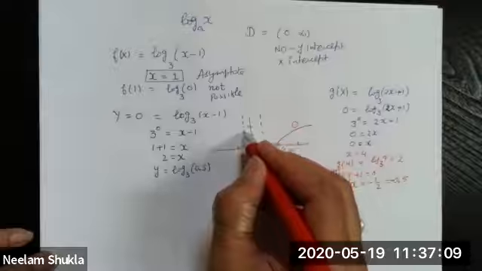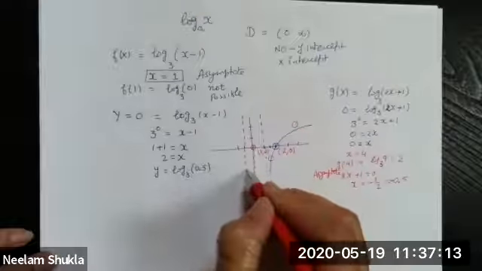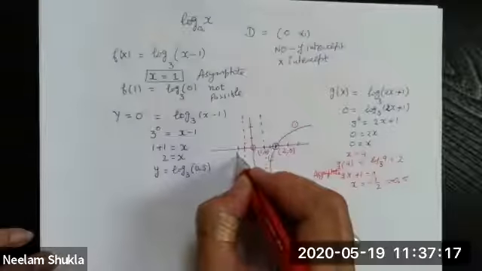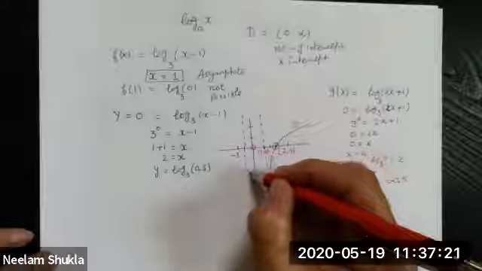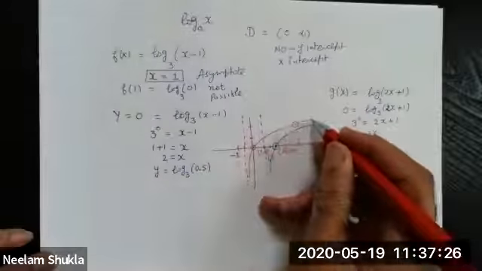This line will work as an asymptote for the function g(x), and your graph will look like going in that direction.